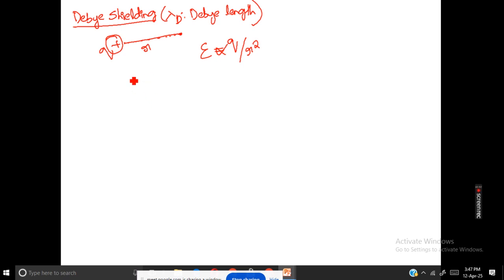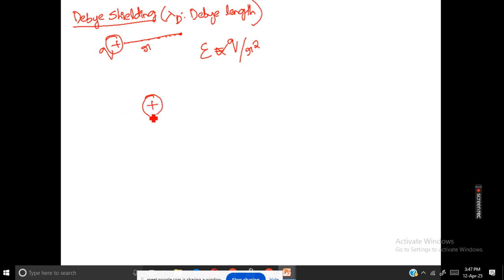Now suppose we are placing this positive charge within a plasma. The ionosphere is a plasma. Plasma is a gas which has a high density of ions or electrons, and is electrically conducting.